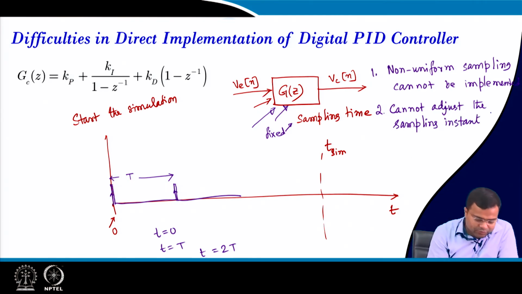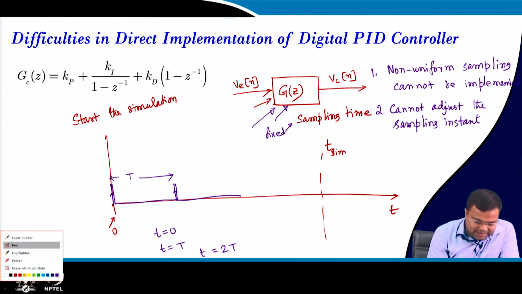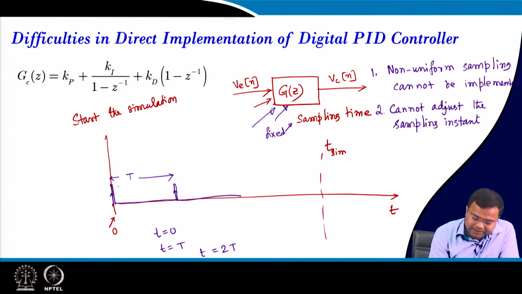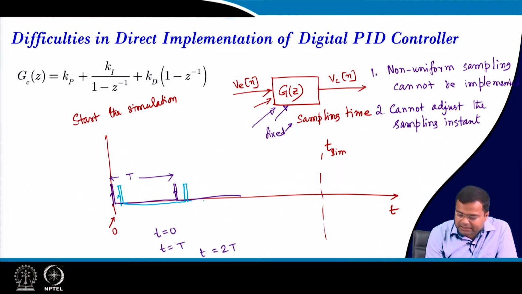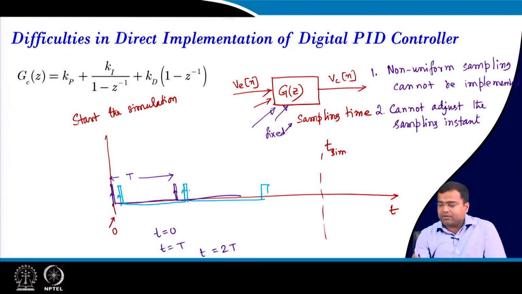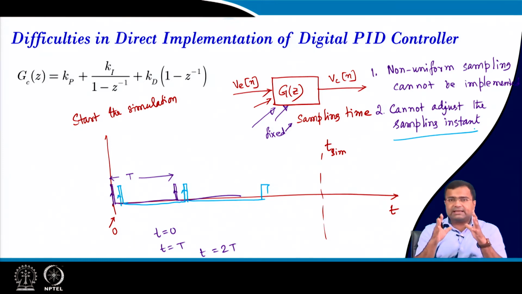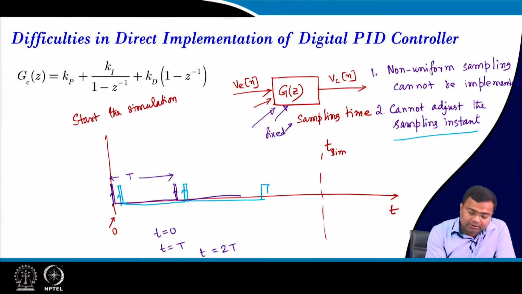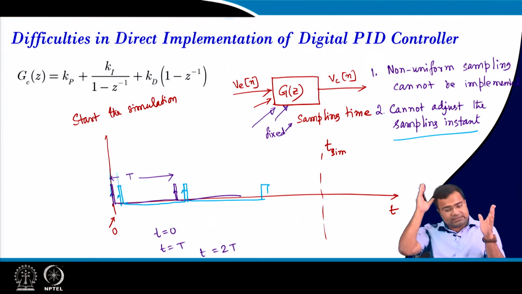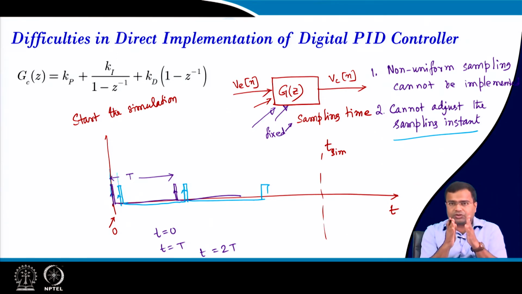Suppose I want sampling not exactly at that point, I want sampling here, or here. It is time T only, but I want a different instant of time. That means the sampling interval is T, it is the same, but the point of sampling I want to change, because this is necessary if you want to customize.